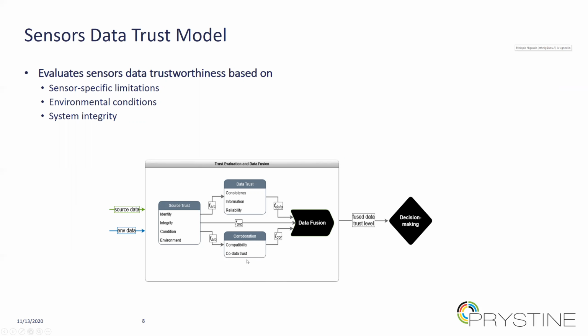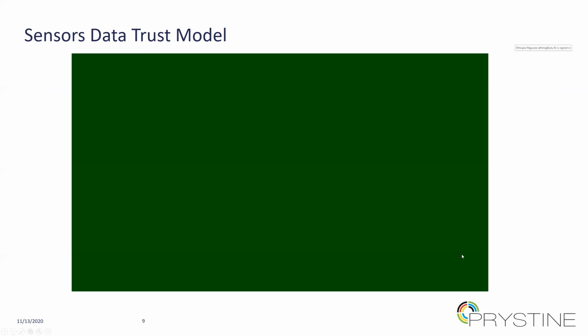The outputs of the trust model will be used to adjust the weights of the sensors during the data fusion in order to reduce the negative impacts of untrustworthy sources.